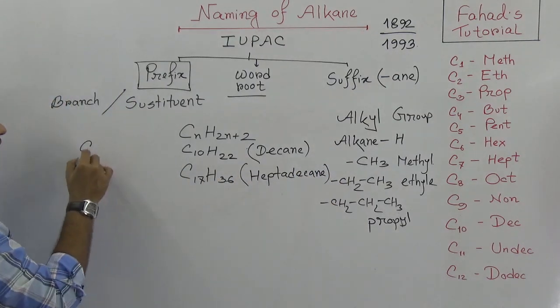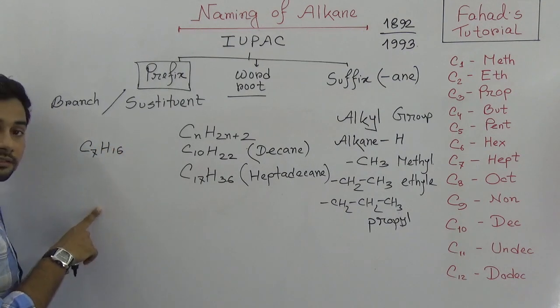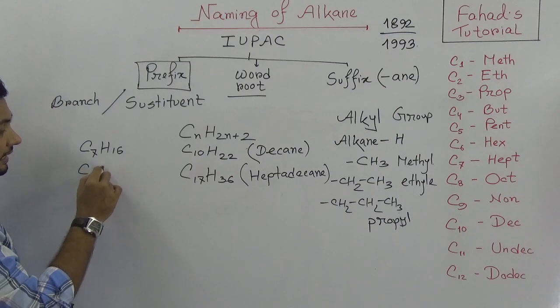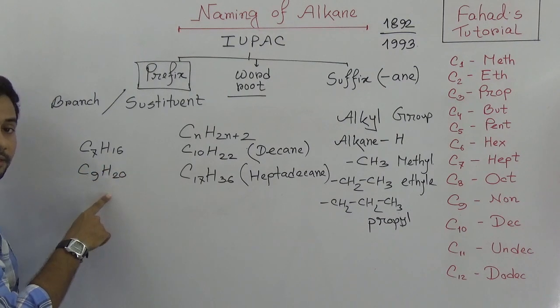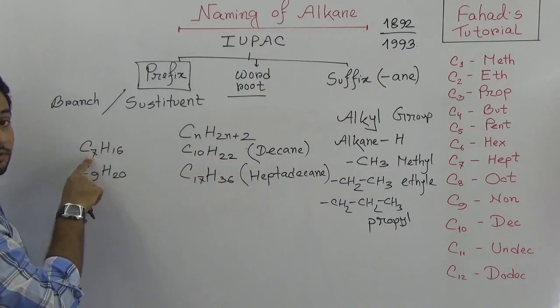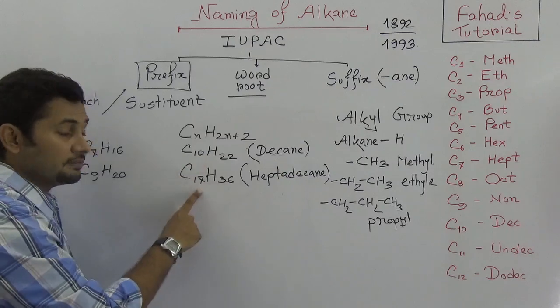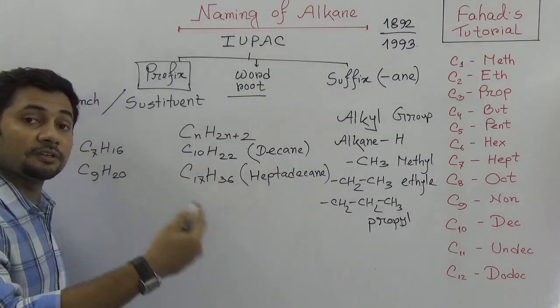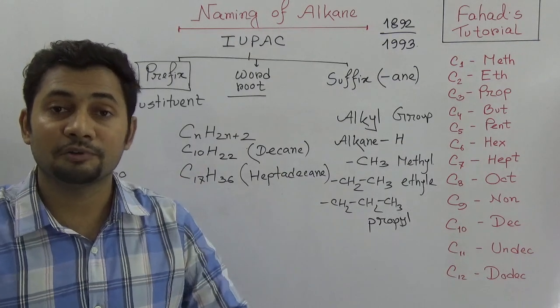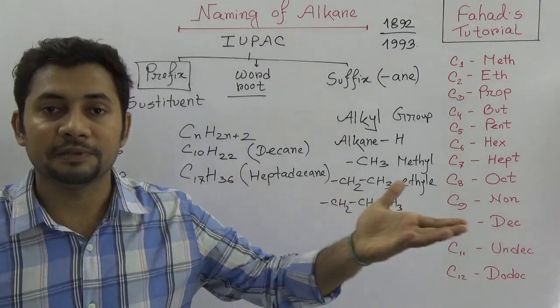If you go for C7, then H should be 16. If you go for C9, H should be 20, which is normal, I mean, n to 2n plus 2. So this is heptane and this is nonane. Here is decane, here is heptadecane. So you can go for methane, ethane, propane, butane, pentane, hexane, heptane simply.